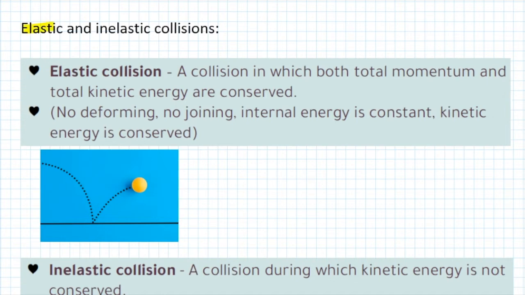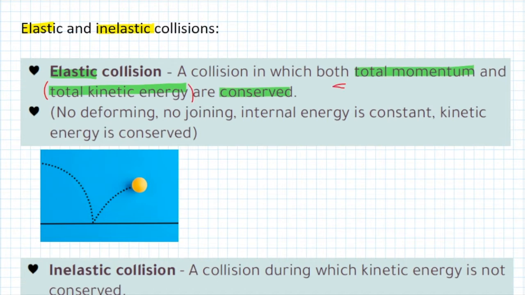So elastic and inelastic collisions, what is the difference? We say that an elastic collision is a collision in which both total linear momentum and total kinetic energy are conserved. The most important part of this statement is that the total kinetic energy is conserved.